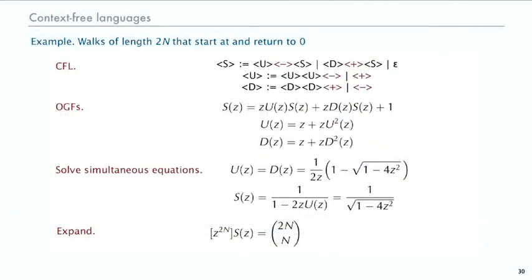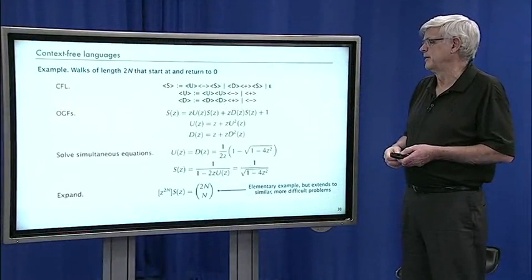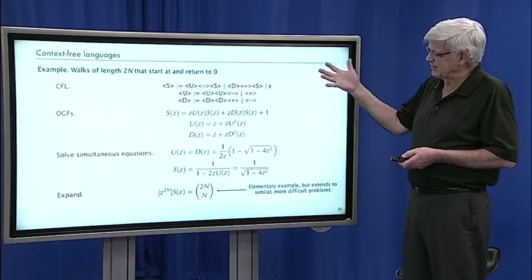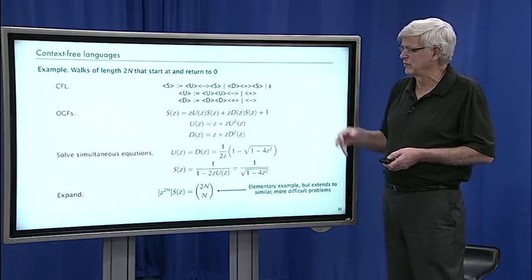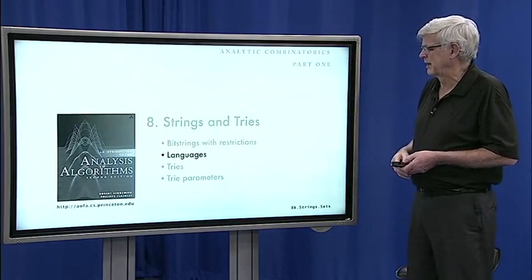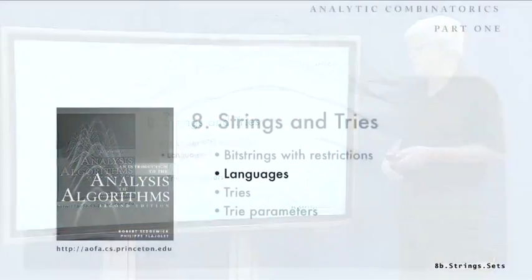There are lots of easier ways to prove this result, but the approach generalizes to cover many similar, more difficult problems you can read about in the text. So that's context-free languages, counting in context-free languages using the symbolic method. Next, we'll look at tries.